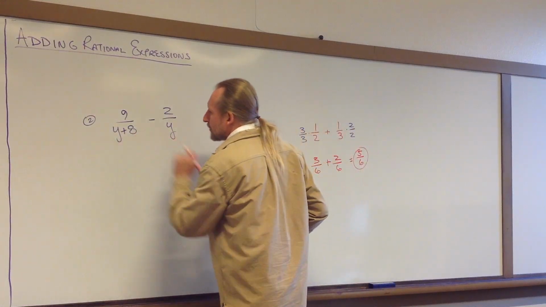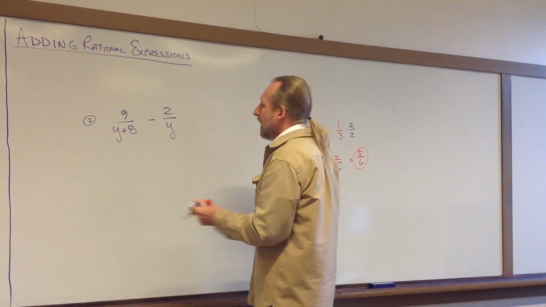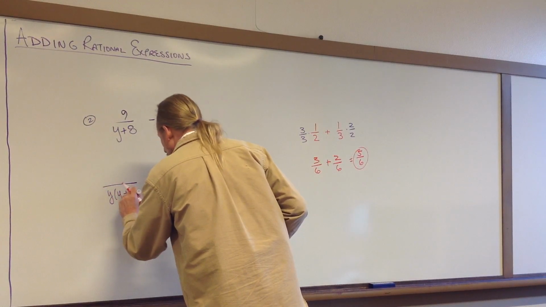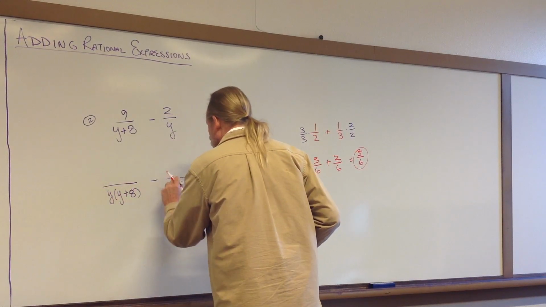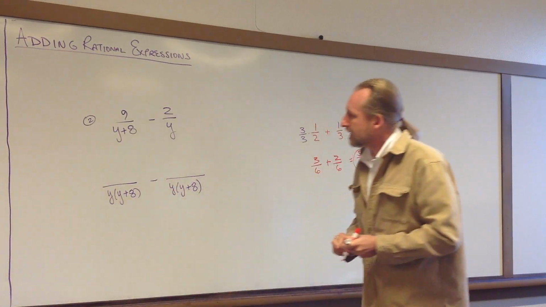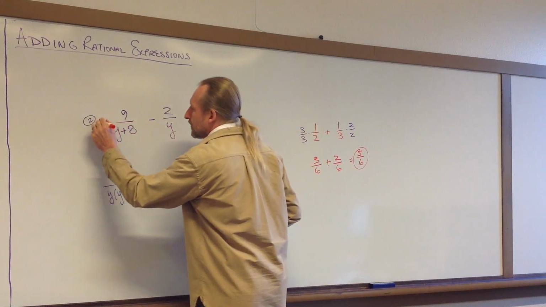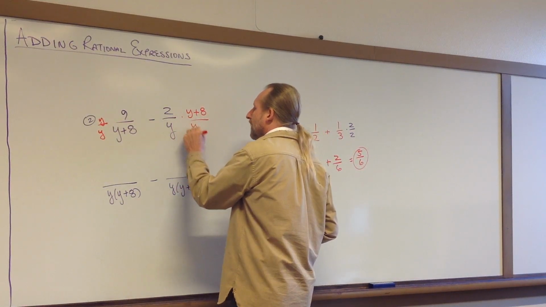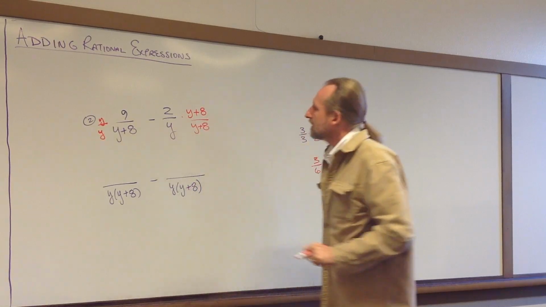These denominators are both prime, so our common denominator is going to be y times y plus 8. And so to create that, this one needs to get multiplied by y over y, and this one gets multiplied by y plus 8 over y plus 8.